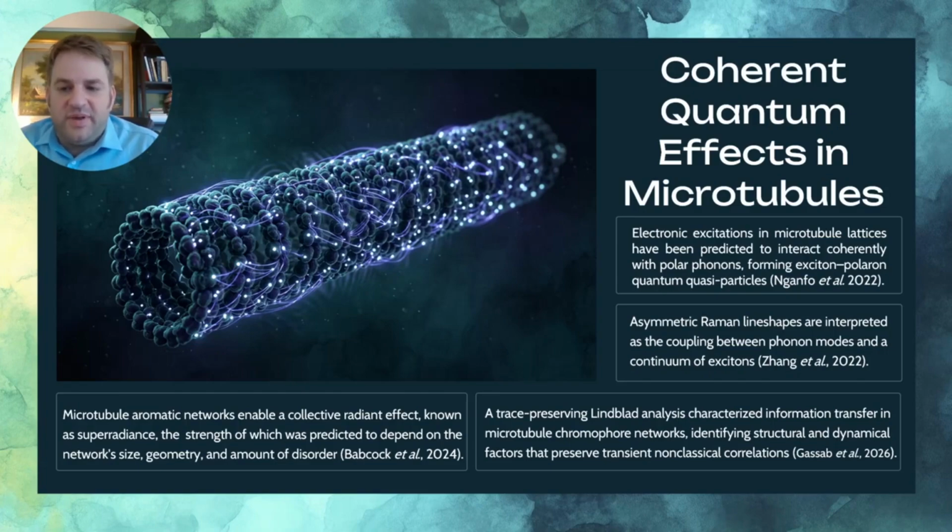This would be the formation of a hybrid state of matter that links an exciton, this excited electronic state, to a polaron, this state of polarization of a mechanical vibrating state. A phonon that is polarized gives you a polaron interacting with an exciton in a coherent way. This immediately gives you the kind of mechanism that you would need to get an optomechanical effect.